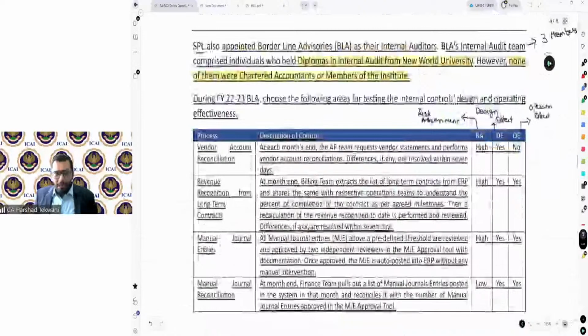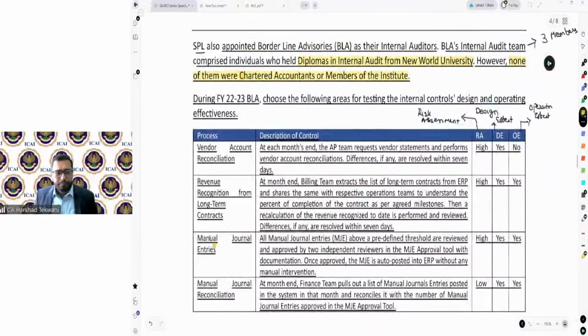Okay, and if you see over here in the above question, for the manual journal entries, there was a control that the internal audit team has tested: all manual journal entries above a predefined threshold are reviewed and approved by 2 independent reviewers in the MJ approval tool with the documentation.